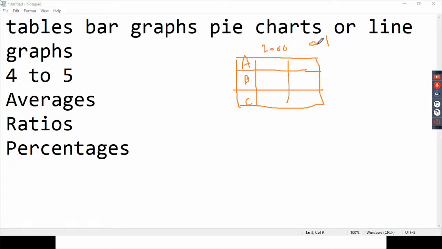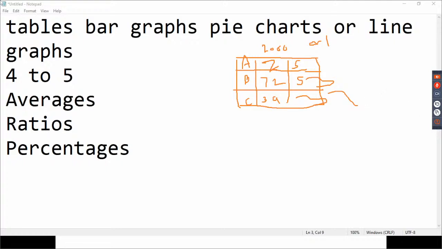In 2000 the company A profit is 2 crores. In 2001 the company profit is 5 crores. In 2000 the company B profit is 72 crores, and next year 53 crores. And company C, 39 and 37. These are the profits of companies A, B, C in 2 different years.